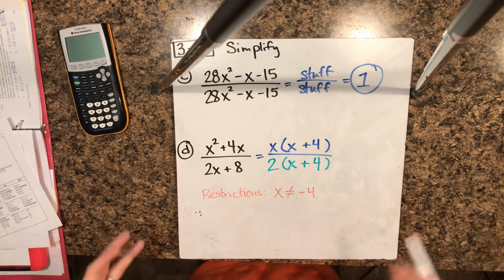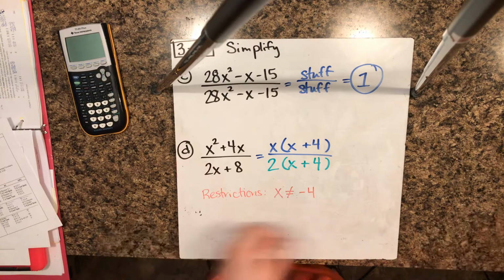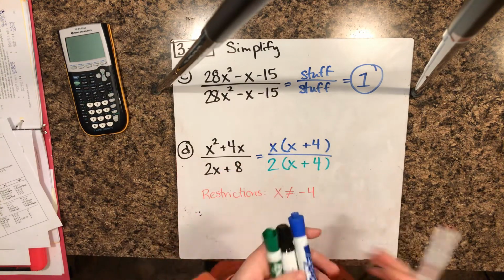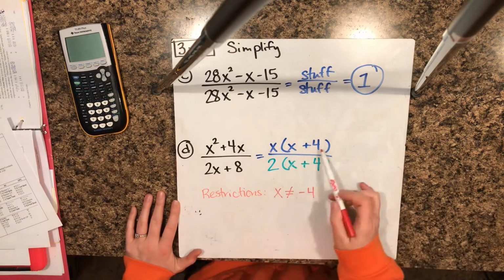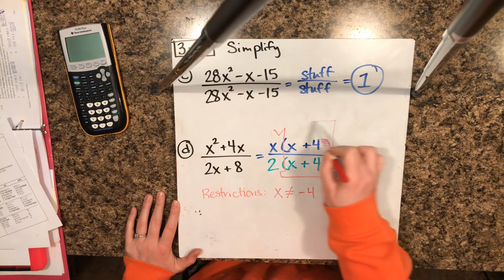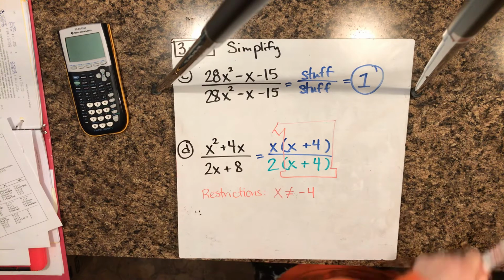I can take $0 and divide it among everybody, and everybody gets $0. But I can't take a number of markers and somehow put them into 0 piles. I have to put them into some number of piles. Okay? Again, x plus 4, giant 1, which means they cancel out. And what's remaining here is x over 2.